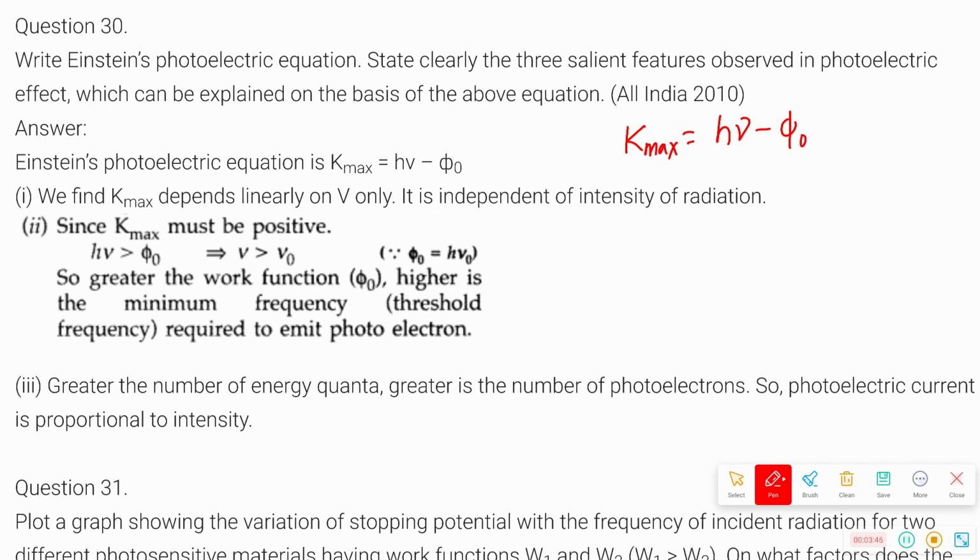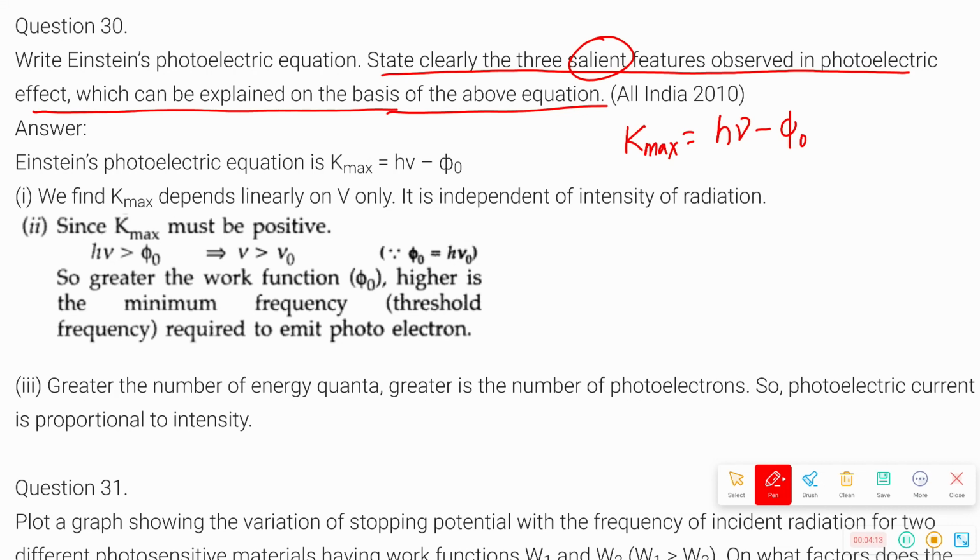So this is Einstein's photoelectric equation, right? Here they are asking to state clearly the three salient features observed in the photoelectric effect. Can we explain them on the basis of the above equation? Some basic features, you tell.